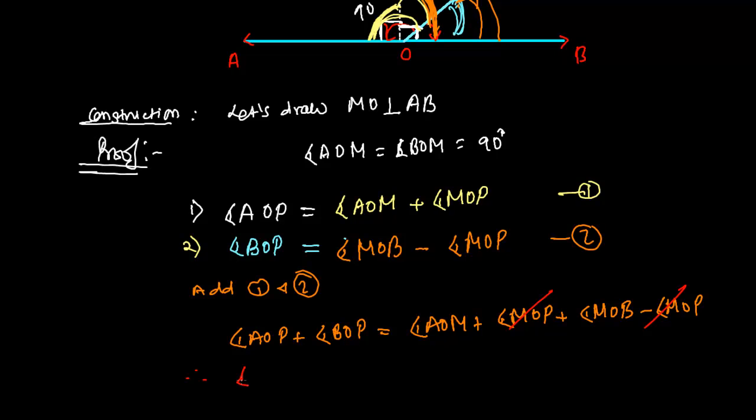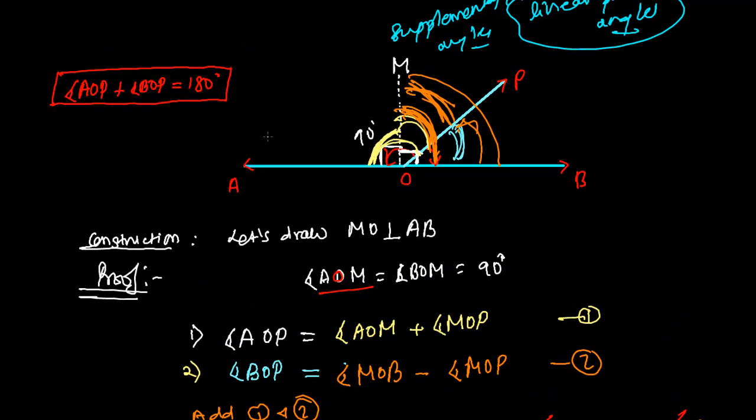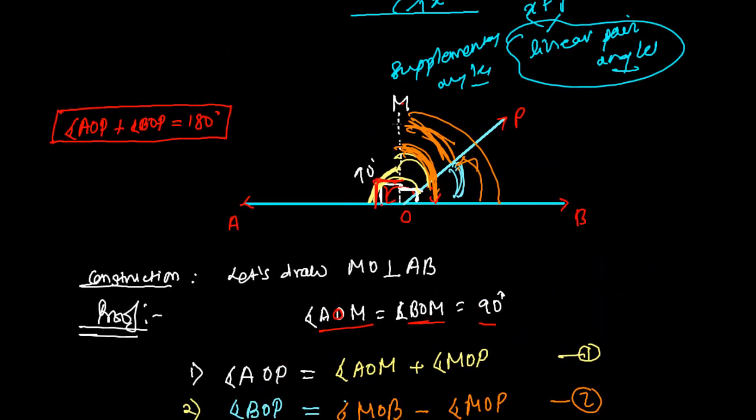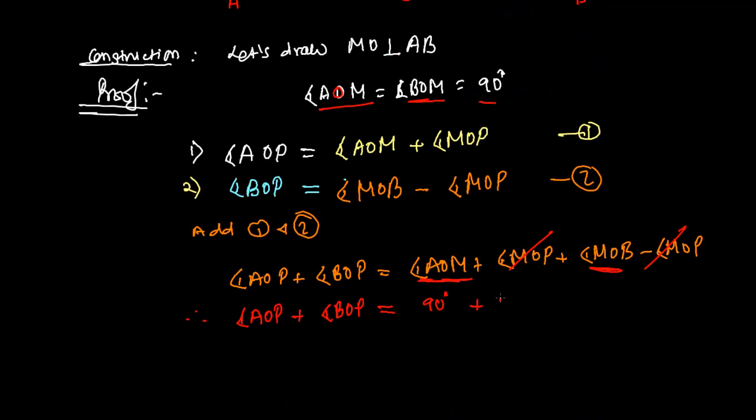My angle AOP plus angle BOP is now equal to AOM plus MOB. AOM is 90 degrees, as I constructed it in the figure, and MOB is also 90 degrees. So I got 90 plus 90 degrees.